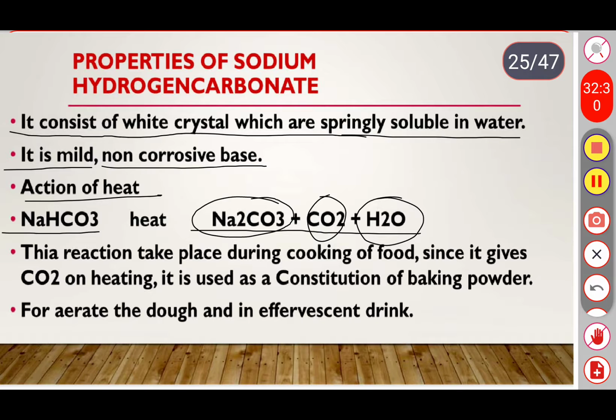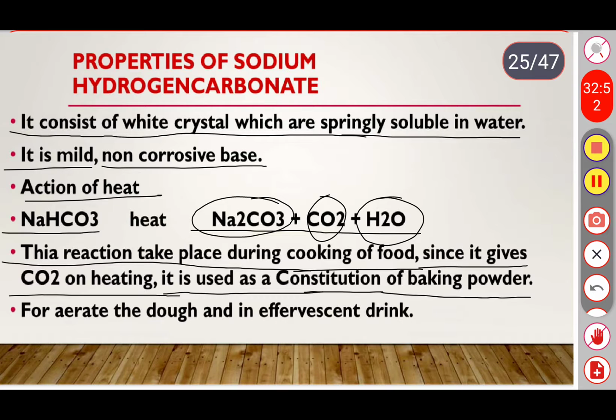In that, Na2CO3 is called baking powder. This reaction takes place during cooking of food since it gives carbon dioxide on heating. It is used as a constituent of baking powder.